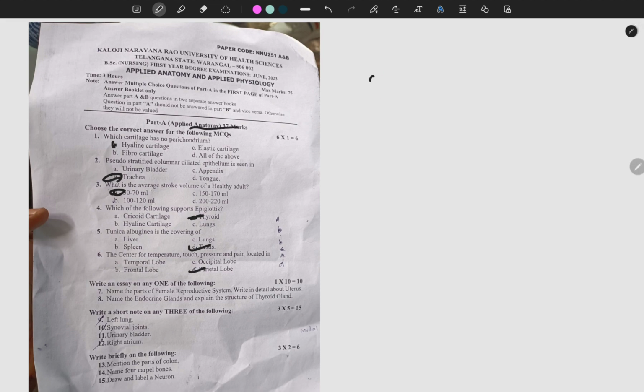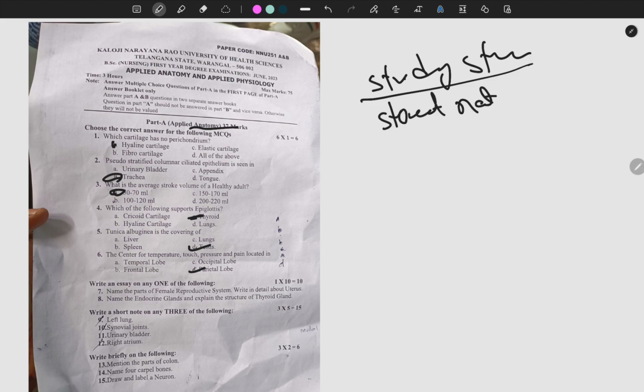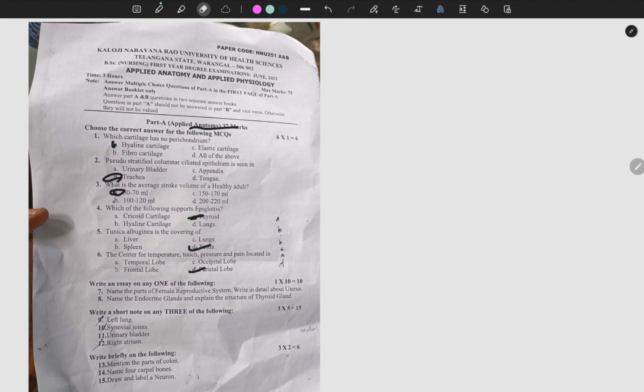Anatomy is a study about the structure of the body. So you have to write only about the structure, okay, not the functions. You have to understand the anatomy and physiology, and also you have to maintain the time. Most of the students are suffering with time management.